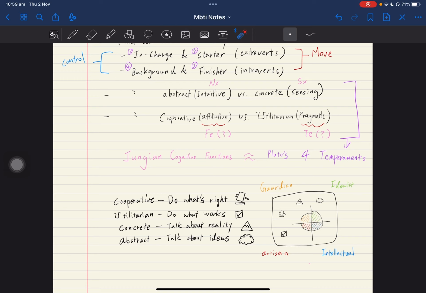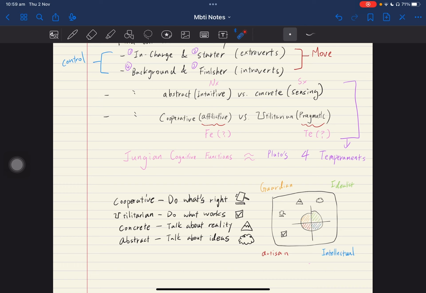And interestingly enough, you see the abstract is kind of related to intuition, right? So that is N, and concrete is kind of related to sensing, and correlative, which C.S. Joseph called affiliative, is also kind of about FE, but I put a question mark here because it's not completely just FE.